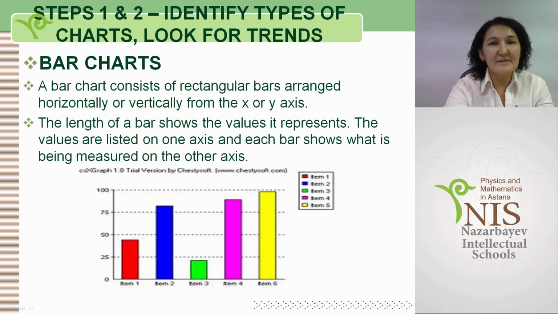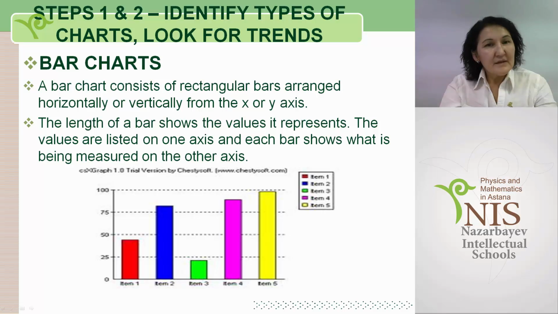That's nice. Today we are going to talk also about 5 steps of writing Task 1. The first and the second steps: it is necessary to identify types of charts and look for trends. First, we are going to talk about bar charts.